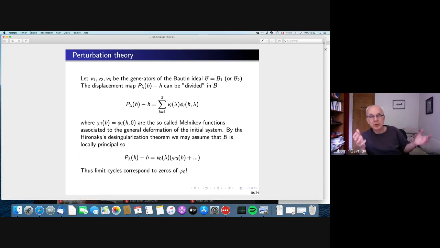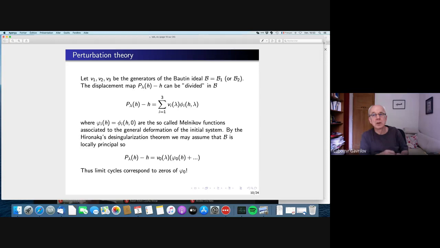Okay, suppose that we know which are the centers of these systems when you deform. So you know very well the center set, you have described all this. But when you don't have a center, maybe you have limit cycles. The question is how many limit cycles when lambda is small.